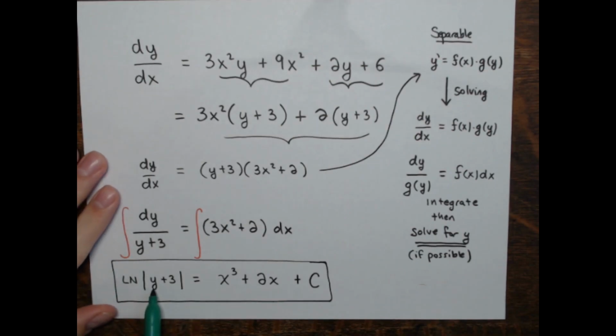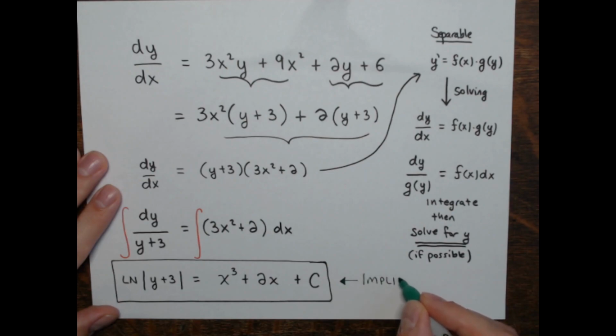But y is not solved for, right? Y is not alone. But it is implied that y is a function of x here. So they would say that what I have in the box here describes the solutions, the functions y of x, implicitly.